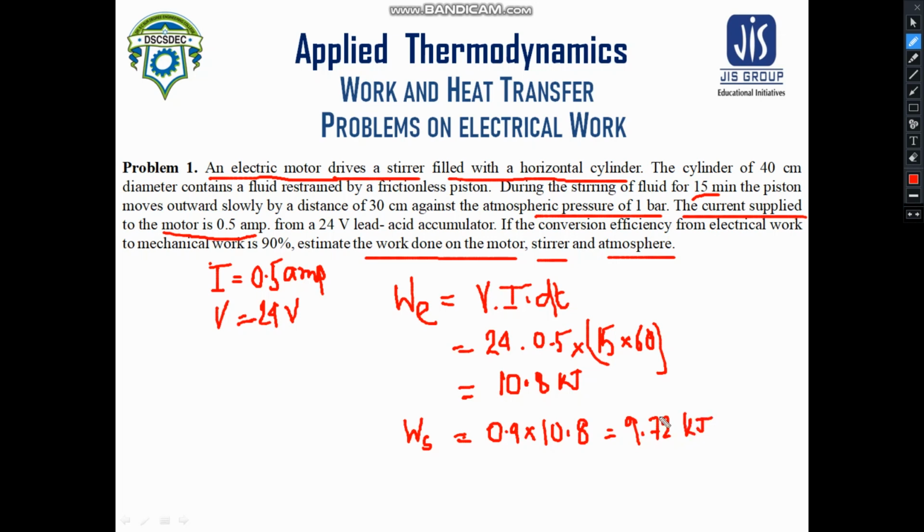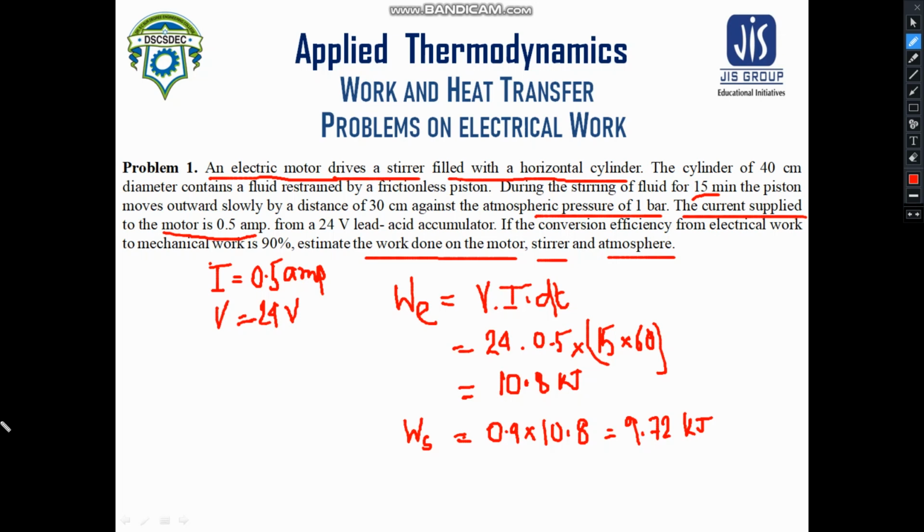Now we need to calculate the work done on the atmosphere. Now who is doing the work on atmosphere? The thermal energy of the fluid which is stored inside the cylinder gets increased because of the stirring action.